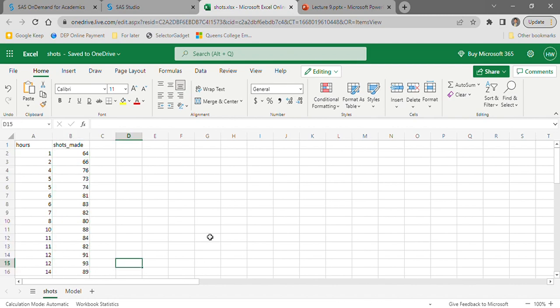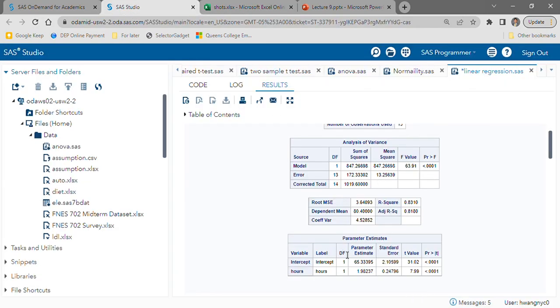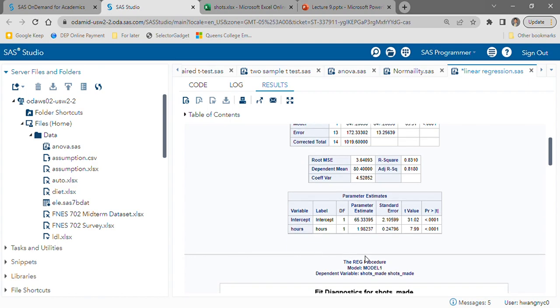And remember, we're going to predict how many shots are going to be made based off of the number of hours practiced. So the parameter estimate always gives you an indication of what that value is going to be. And here, the parameter estimate for hours is 1.98, so almost 2 shots per hour practiced. Just think about it that way.